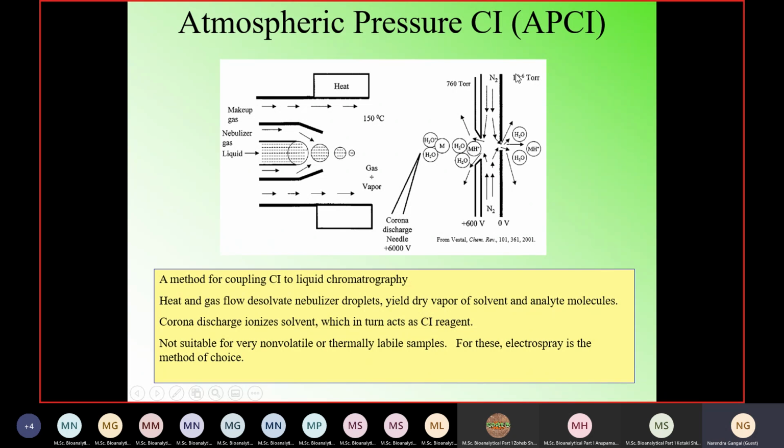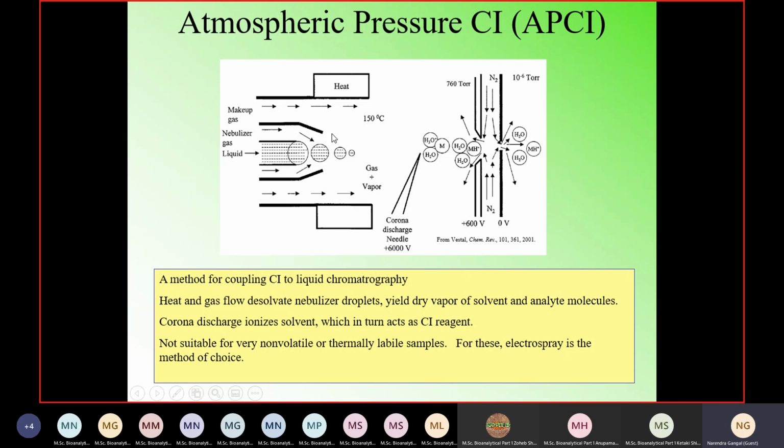This is where the lenses are. The first one is going to be negative, then subsequently there will be a series of lenses which are positive, then again negative. So there is a collimation of the ions which are formed.